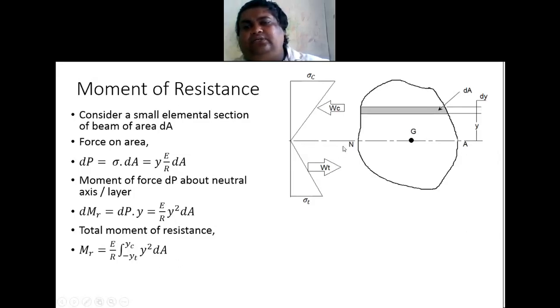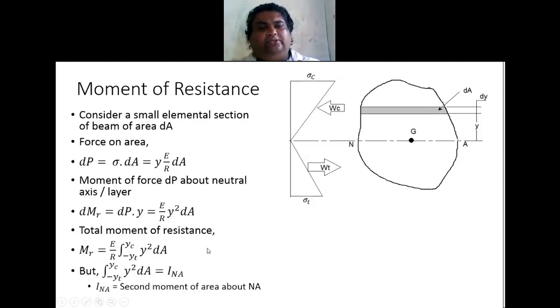Yt stands for the distance of the farthest fiber, meaning the outermost line, right? This surface, the distance from the neutral axis to here, which is subjected to tensile stress. Why are we taking plus and minus? I am assuming upward positive and downward negative, positive y-axis, negative y-axis. That's why I have taken yc and minus yt, and you have to integrate this.